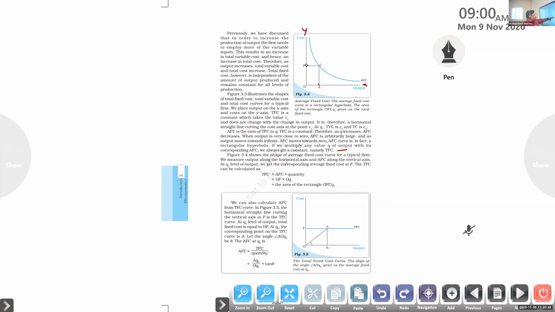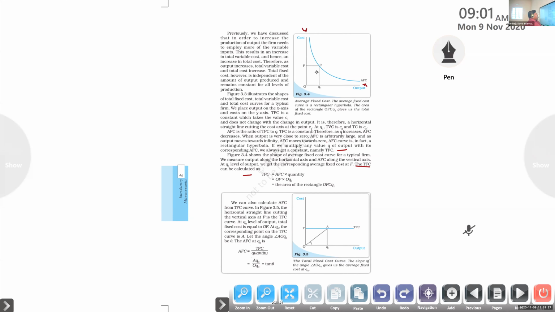So the TFC can be calculated as TFC is equal to AFC, average fixed cost, multiplied by quantity. OF multiplied by OQ1.